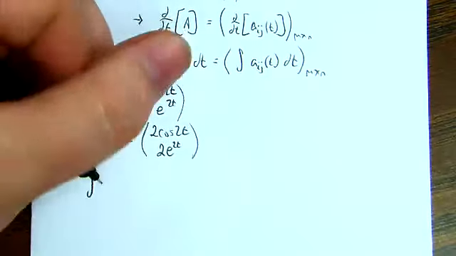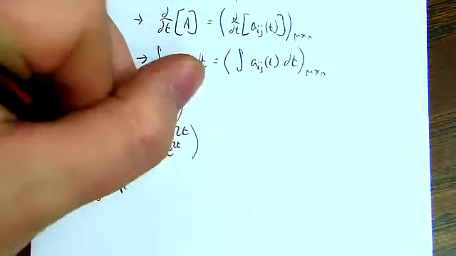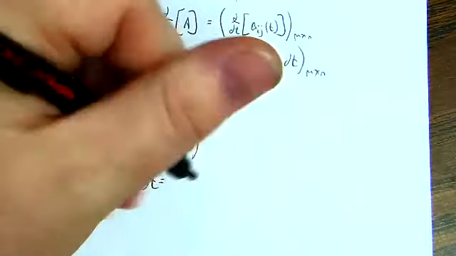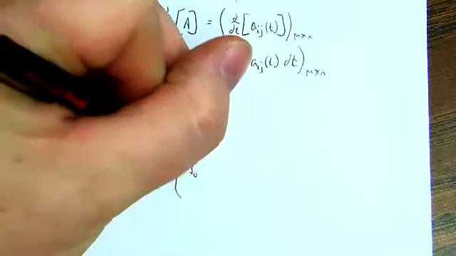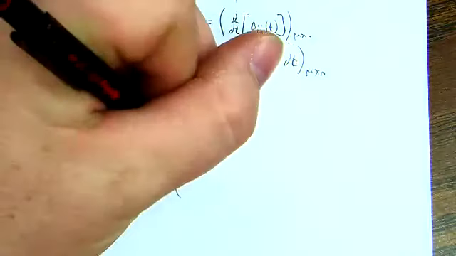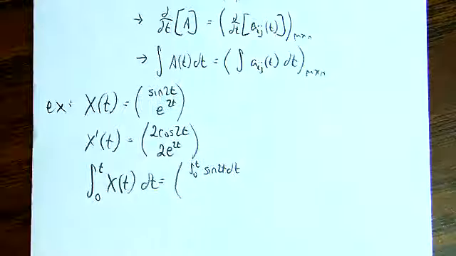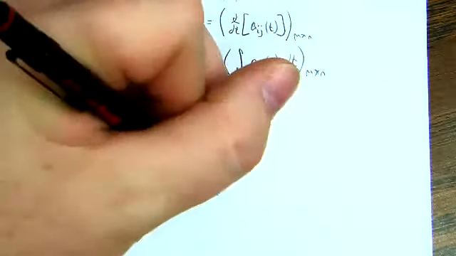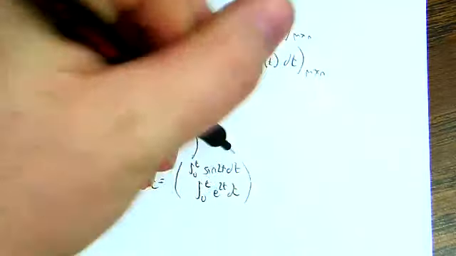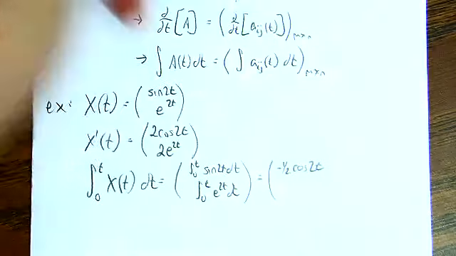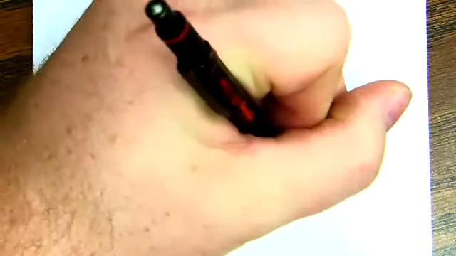And we can say that the integral from 0 to T of X of T is equal to, well, the integral from 0 to T of sine of 2T and the integral from 0 to T of e to the 2T, which we calculate to be negative 1/2 cosine of 2T plus 1/2, and 1/2 e to the 2T minus 1/2.